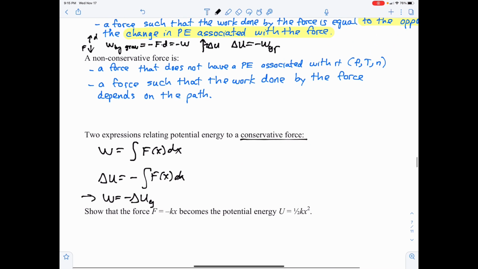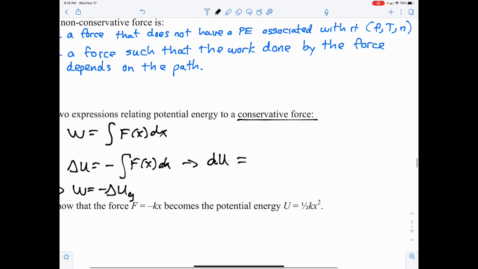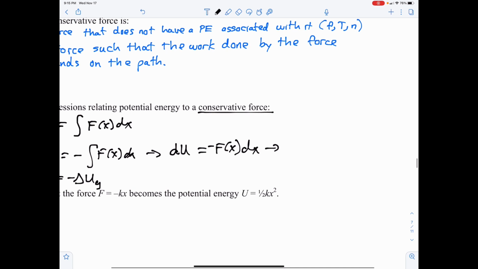Now, if we take the derivative of both sides of this equation, the derivative of delta U is just dU, and the derivative cancels the integral, and we're left with negative F of x dx. If you solve for F, F is equal to the negative derivative of the potential energy function with respect to position.